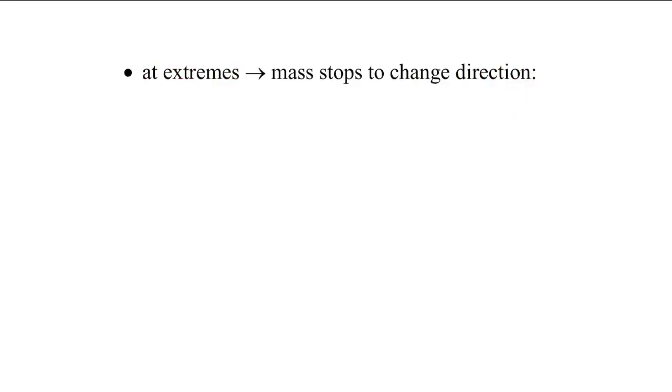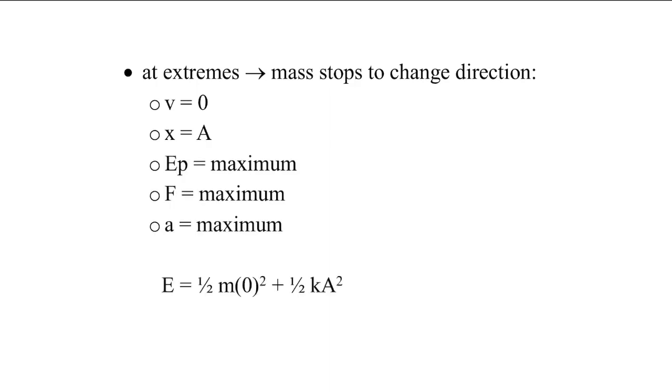Okay, so again, I just have a bunch of notes here, basically saying what I just said, but I'm going to go over them again. So of course, at our extremes, that's full compression or full extension.